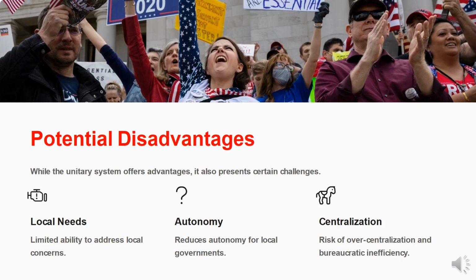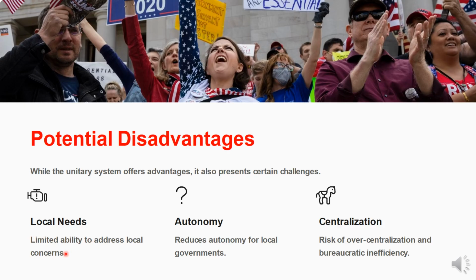A unitary government has several disadvantages: limited regional autonomy, overload on central government, potential for abuse of power, disconnect from local needs, and inflexibility. So here I mentioned some disadvantages.